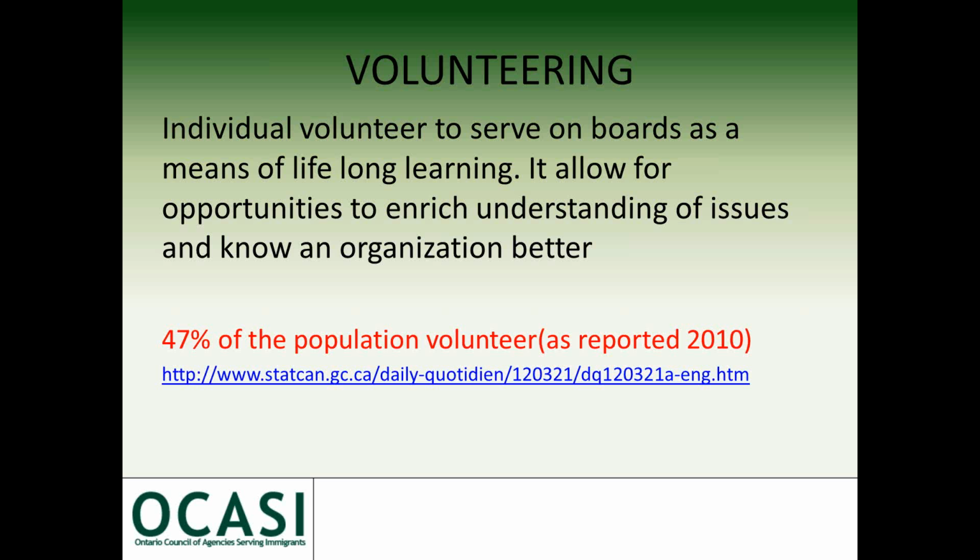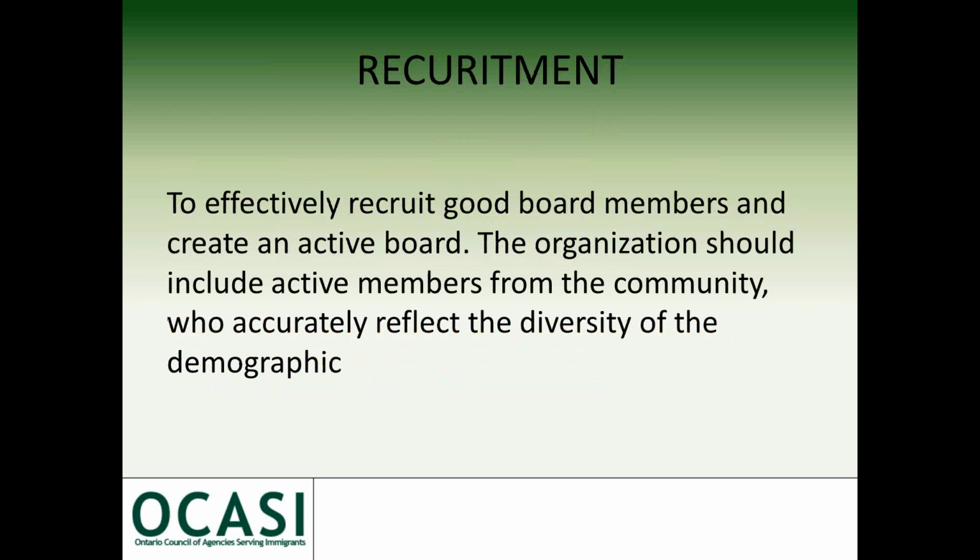It's a good resource as you're doing the recruitment phase. I find this piece very interesting, as it helps you gauge or structure your resources for recruitment. Recruitment is the heart of maintaining, sustaining, and getting people interested in your organization.